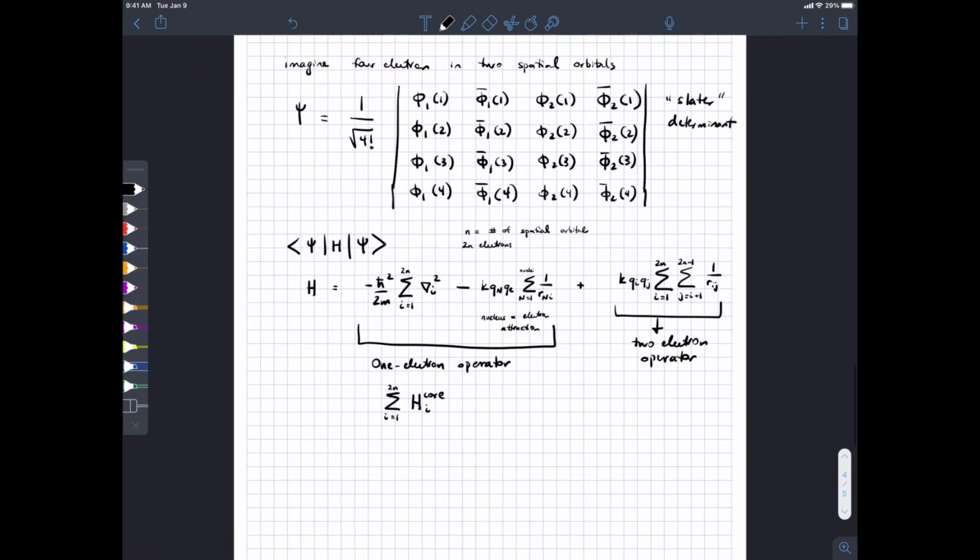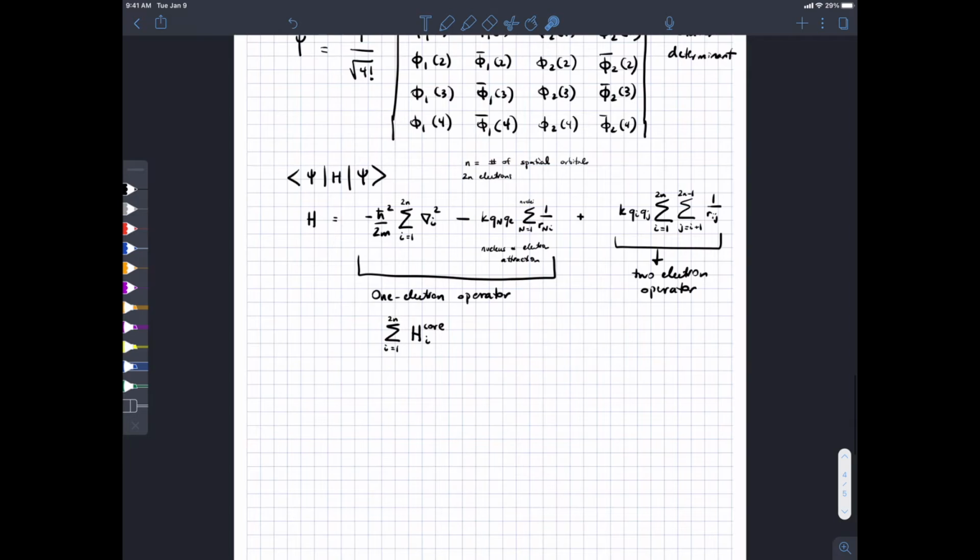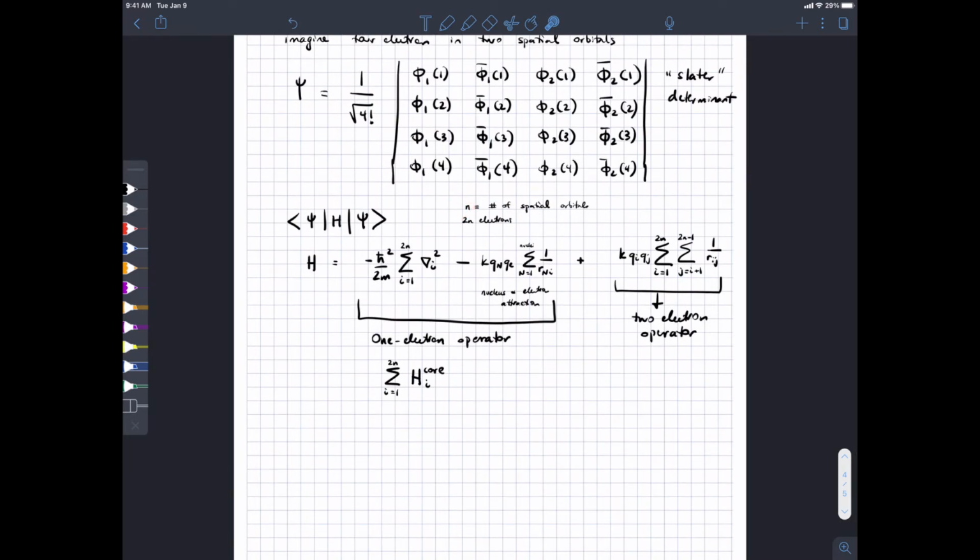Okay, so if you take this wave function and then apply the operator to it, you're going to get out a set of equations, a set of 2n different equations, where n is the number of spatial orbitals we have, 2n is the number of electrons.